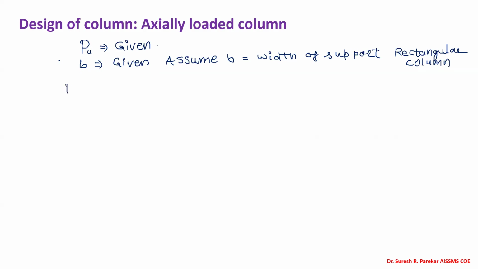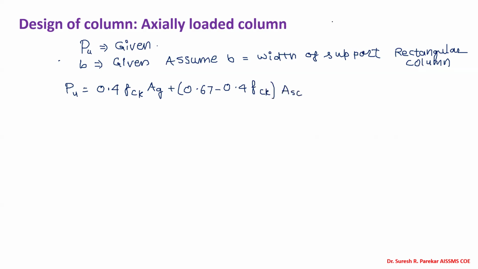Now we have the formula Pu is equal to 0.4 fck Ag plus 0.67 fy minus 0.4 fck into Asc.